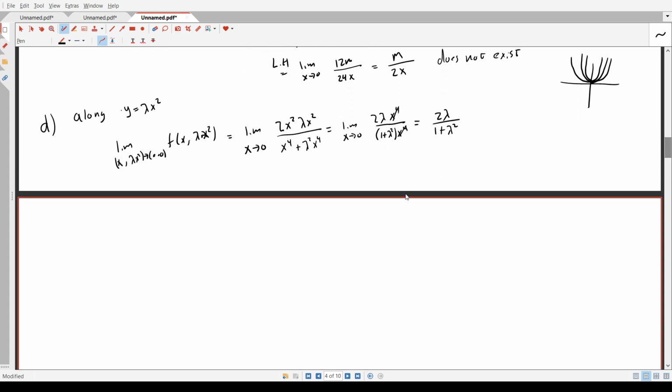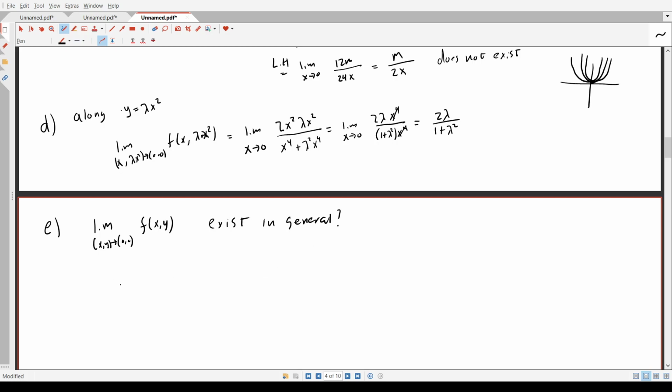So the last question: can we say that in general the limit as x, y goes to 0, 0 of this function exists?